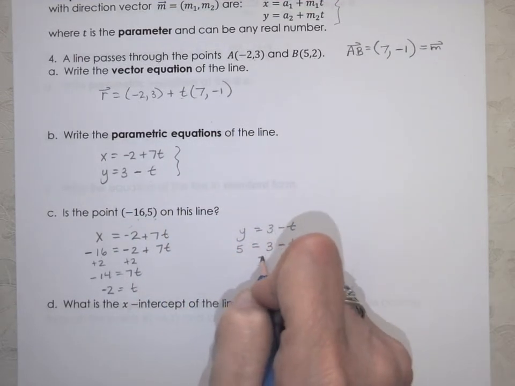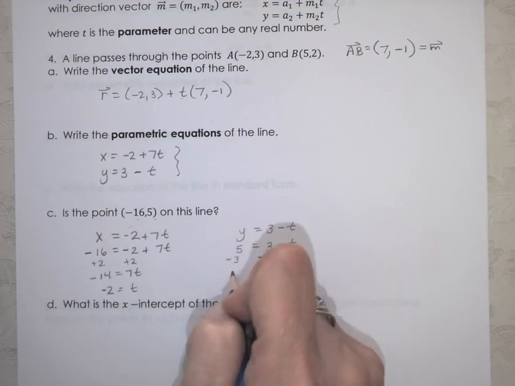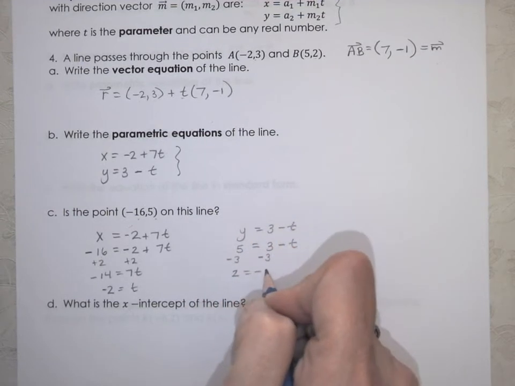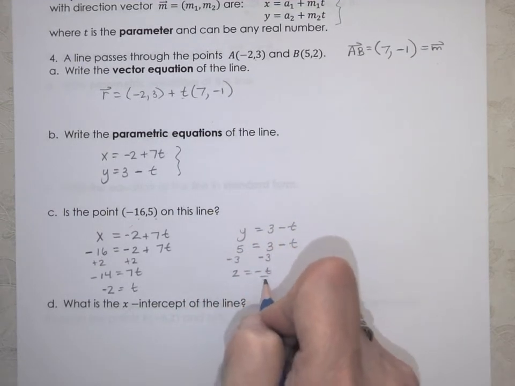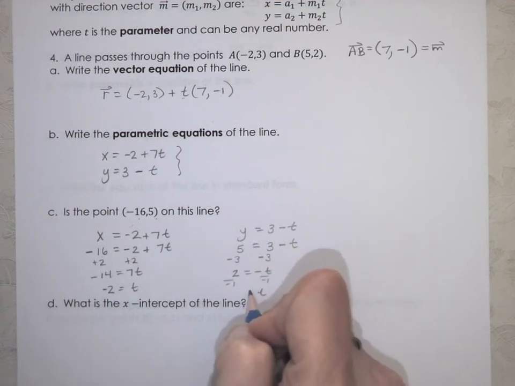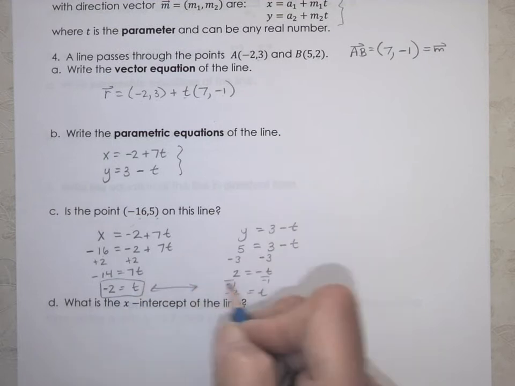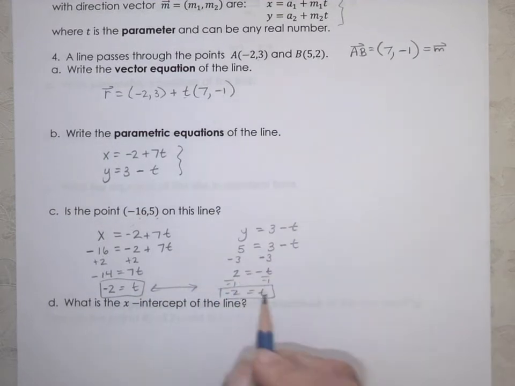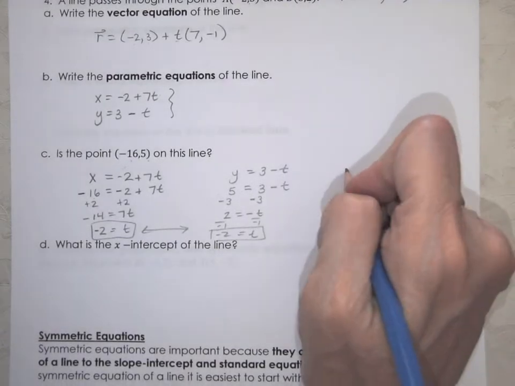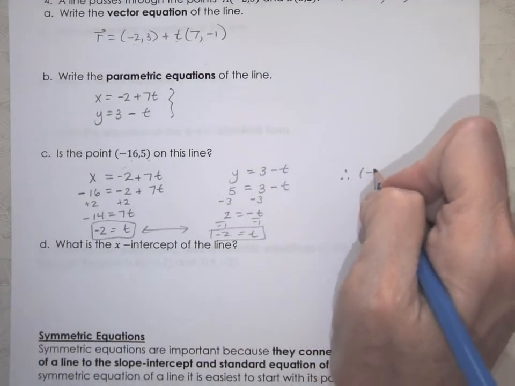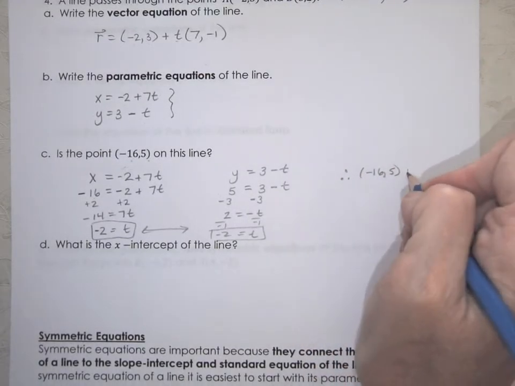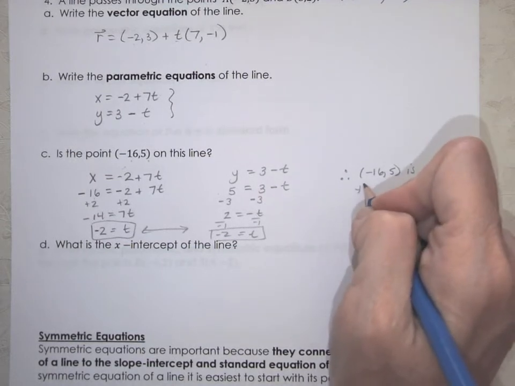So I'm going to subtract 3 here, divide by -1, and indeed I do get the same value of t in each case. So if I do get the same value of t in each case, then I can say therefore (-16, 5) is on the line.